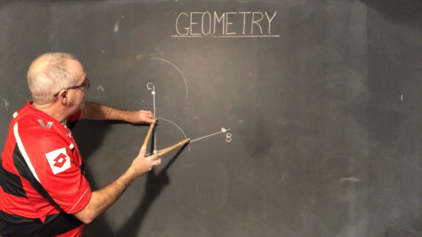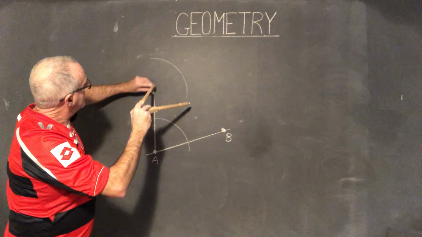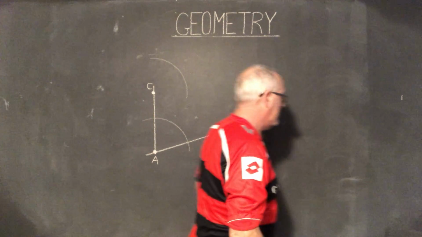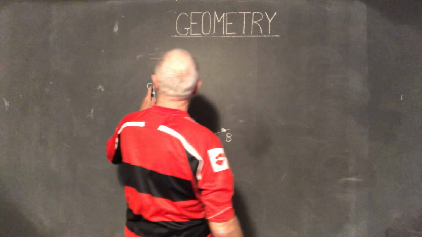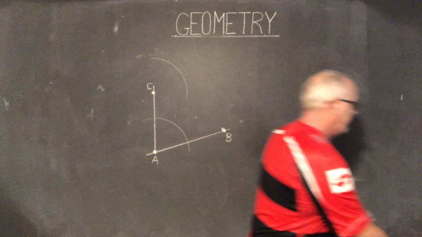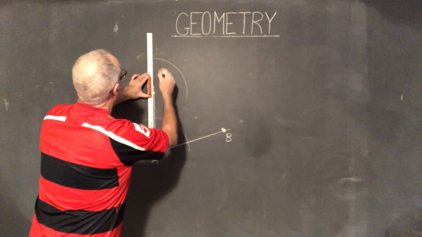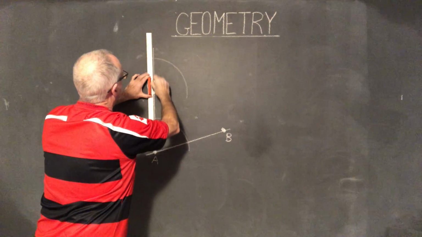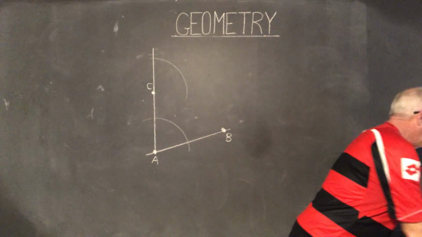I think I made, yeah, I have to make this line longer. Okay, so it is getting messy with the labels. I'm making this line longer because I need it to go through this arc. Want it to go through that arc.